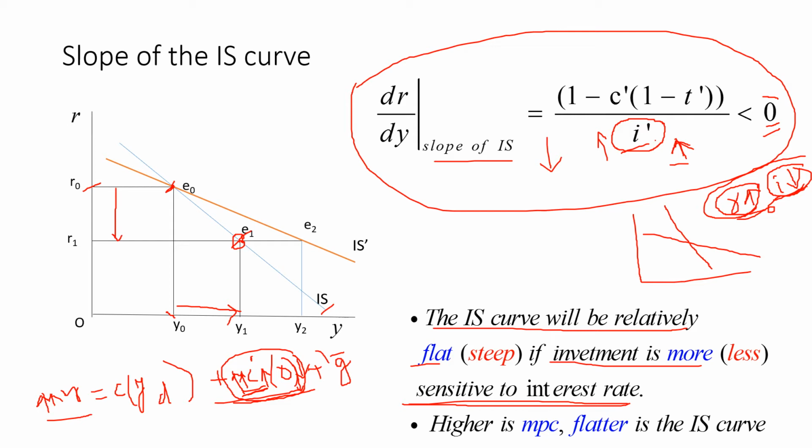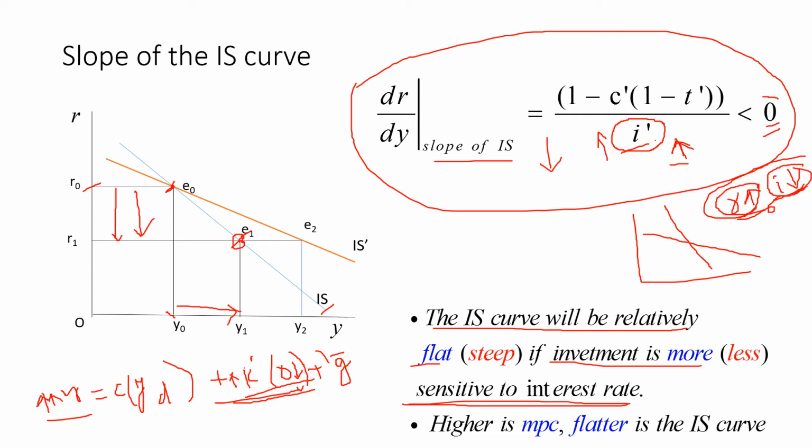Now just increase the sensitivity of the investment function, compared to the previous one, what we considered earlier. Say your investment function is more sensitive than before. Then what will happen? If you lower R again from R0 to R1, by the same amount, because your investment function is more sensitive, investment will increase by a larger amount than before.